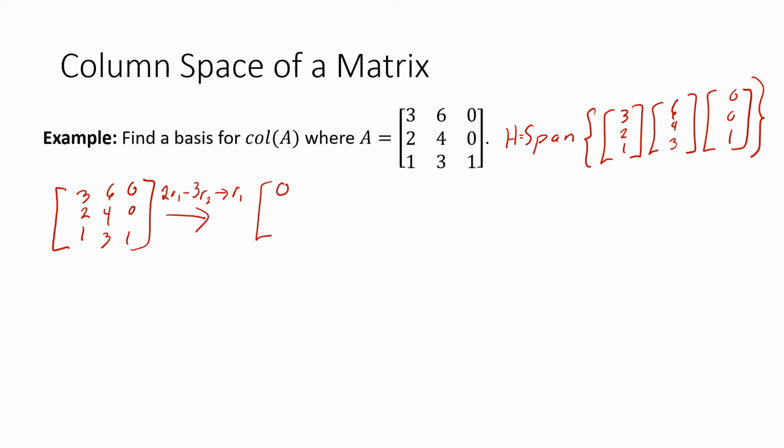So that gives us a new row 1, which is all zeros. Now, row reduced echelon form actually says you're supposed to put all the zeros on the bottom. So I'm going to do row 1 interchange with row 3 just to technically put it on the bottom.